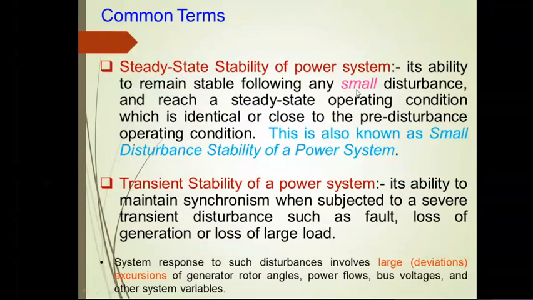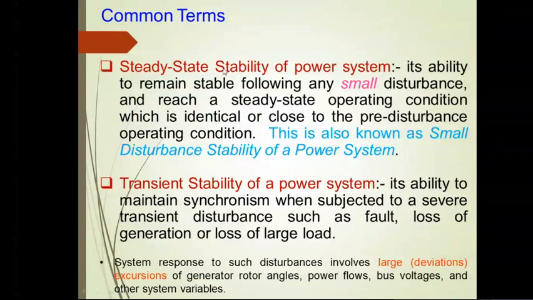That means following a small amount of disturbance and then reaching the steady state point, so that your operating variables, the voltage quantity or the frequency quantity, are near about constant. This is how we have defined the steady state operating condition.